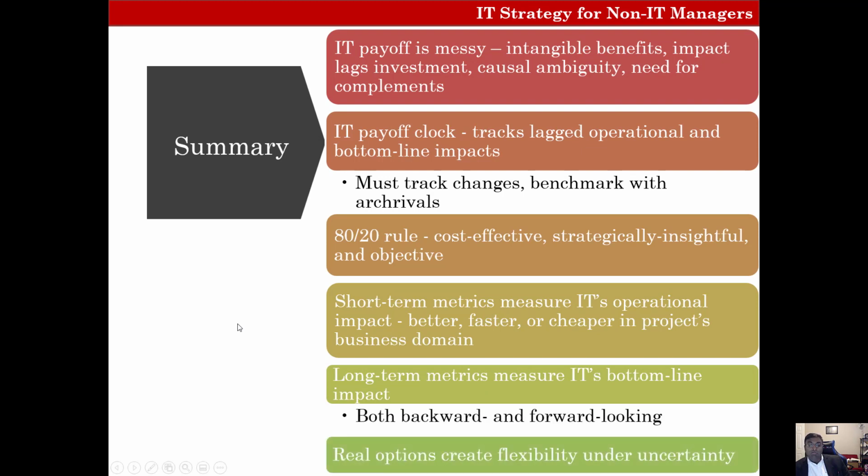And finally, real options create flexibility under uncertainty, and there are 6 types of flexibility you can inject into a project by decomposing it into smartly sequenced baby steps. And with this, we finish this chapter.